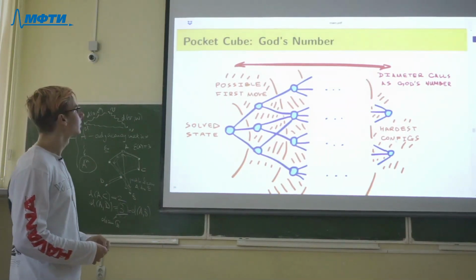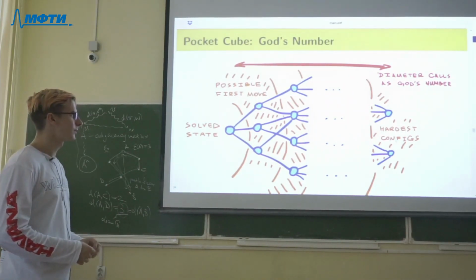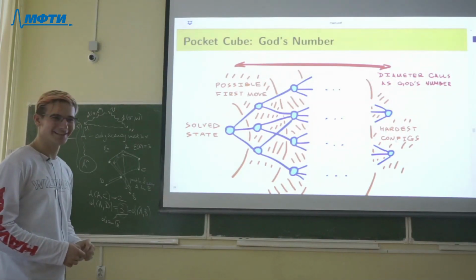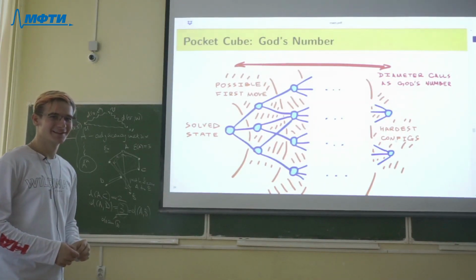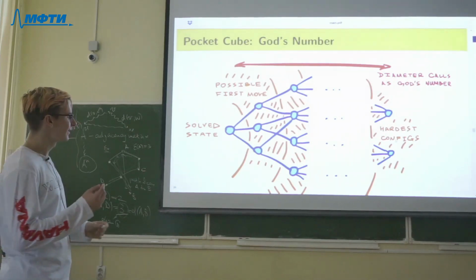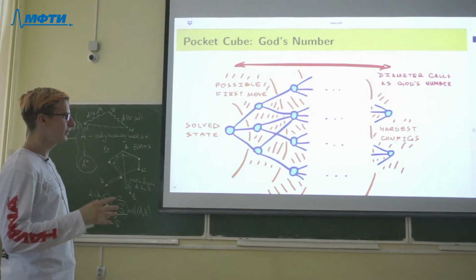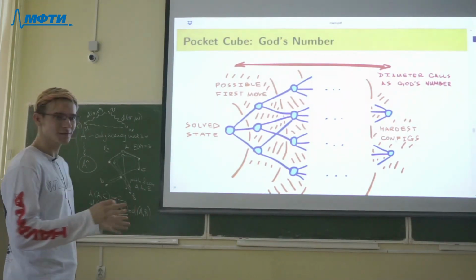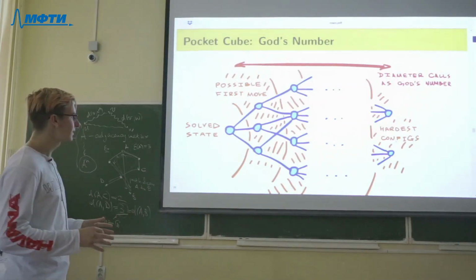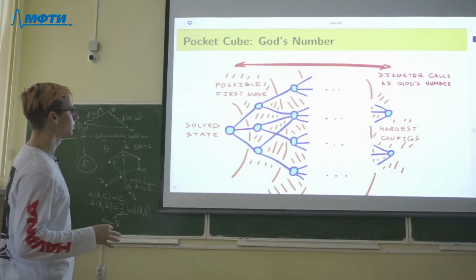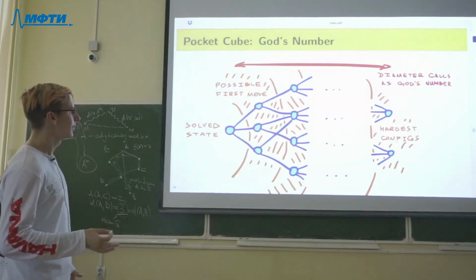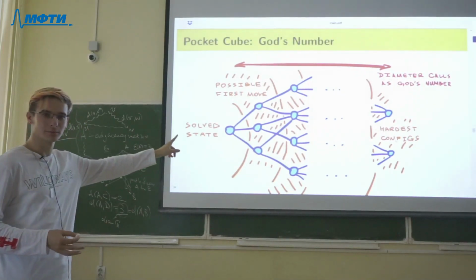So the diameter of the pocket cube is equal to 11. Understand that we have more than 3 million vertices, and its graph has diameter equal to 11. But it's not a full graph.